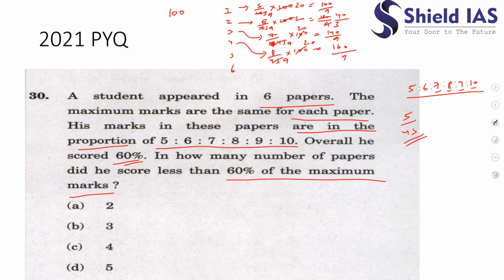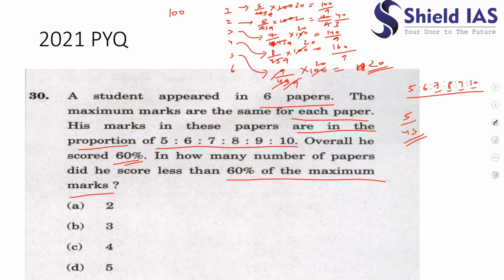This would be the amount of marks you would be getting in the fourth paper. In paper number 5, 9 upon 45 into 100. So 5 9s are 45, 5 20s are 100, 20 into 9, 180. 9 9s I can cancel, right? So it would be 20.